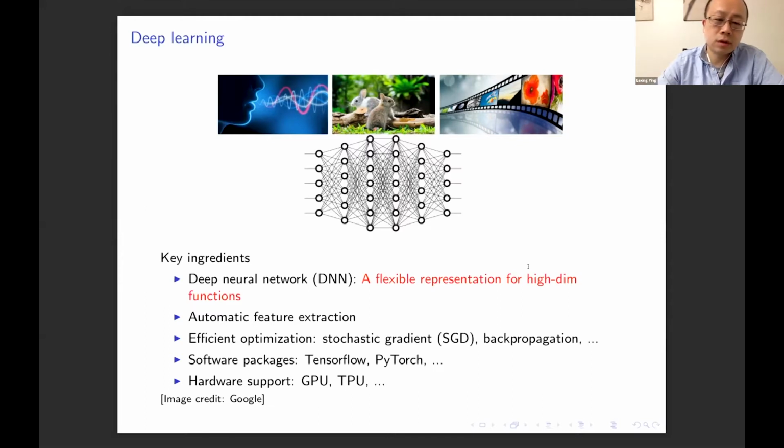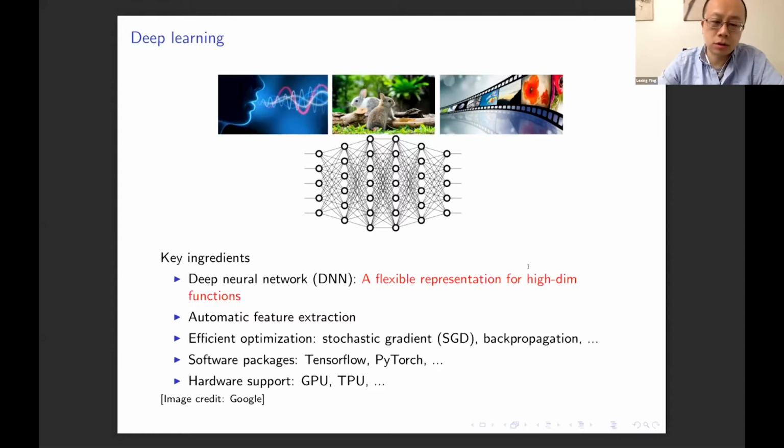At the center of it is a deep neural network, and there are many different kinds of deep neural networks. But essentially, all of them are trying to represent high-dimensional functions or high-dimensional probabilities in a fairly flexible and also powerful way.